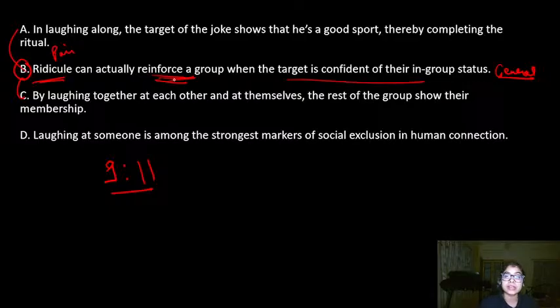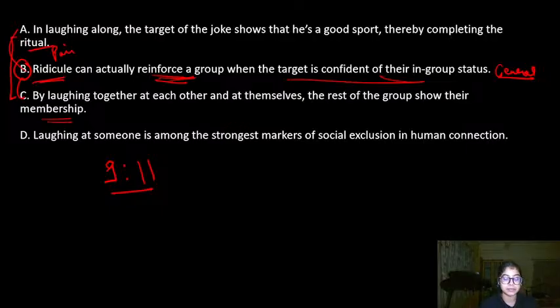In laughing along, the target of the joke shows that he's a good sport, thereby completing the ritual. The ritual of showing membership, the ritual of having a strong in-group status. So the entire first three sentences are talking about how laughing at each other in a group is good.